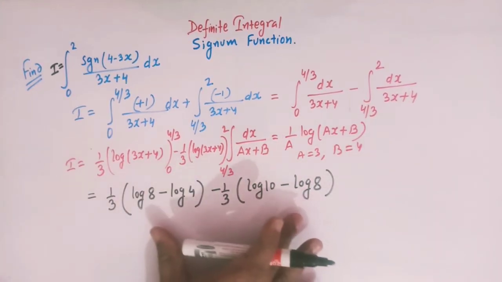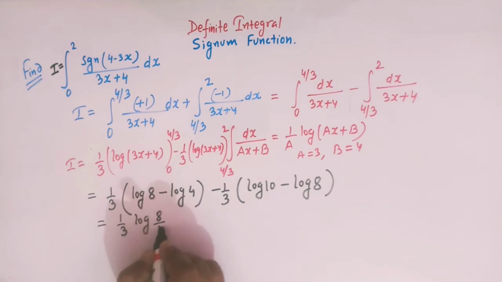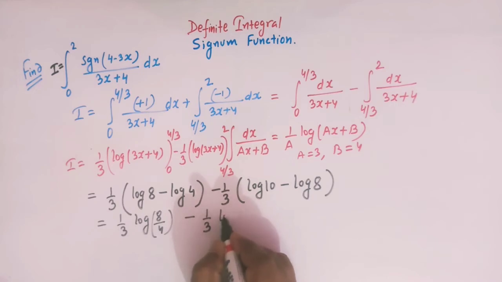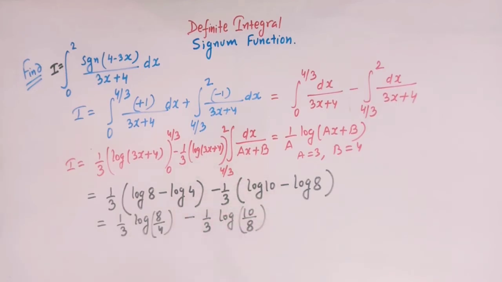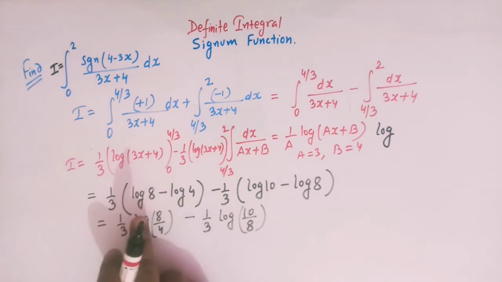So now we have this expression. We can write it as 1 over 3 log 8 over 4, and here we can write 1 over 3 log of 10 over 8, right? Now here we have used the important properties of logarithms.